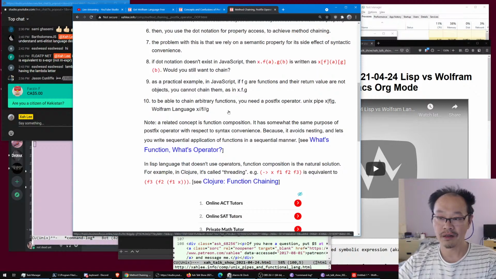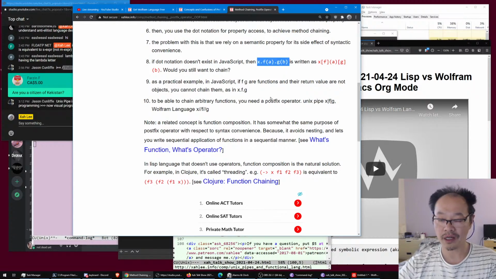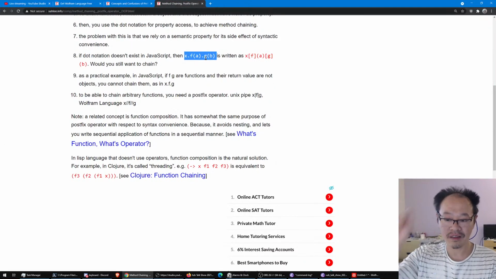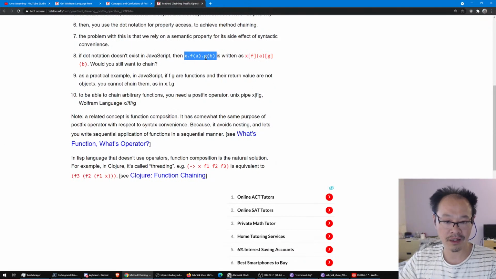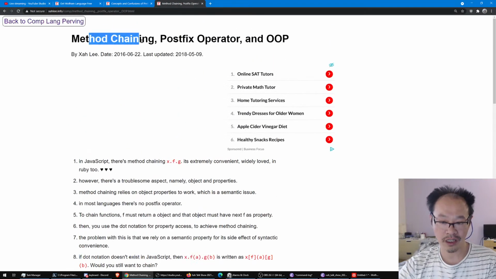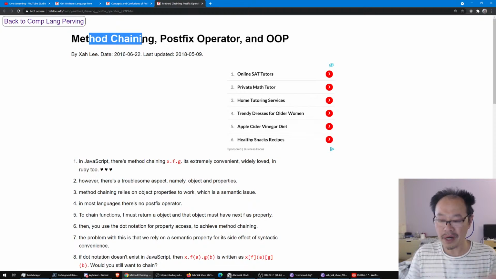If you program in Ruby, or JavaScript, or even Java, you will be very familiar with this syntax: something dot something dot something. Dot notation, sometimes known as method chaining, is especially popular in JavaScript and Ruby.